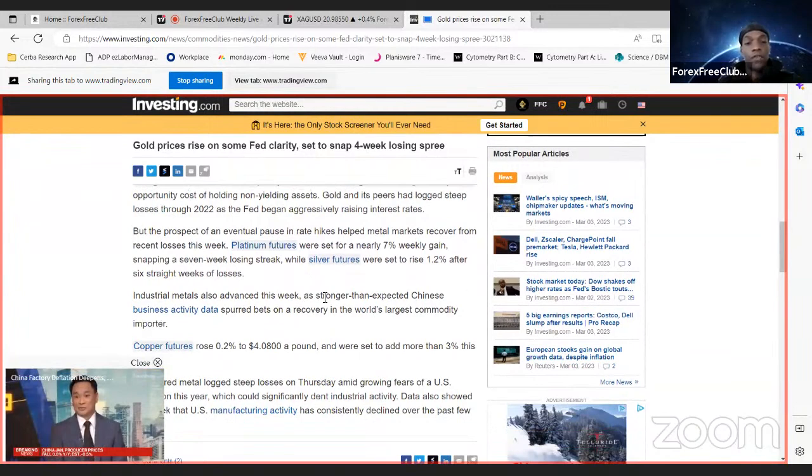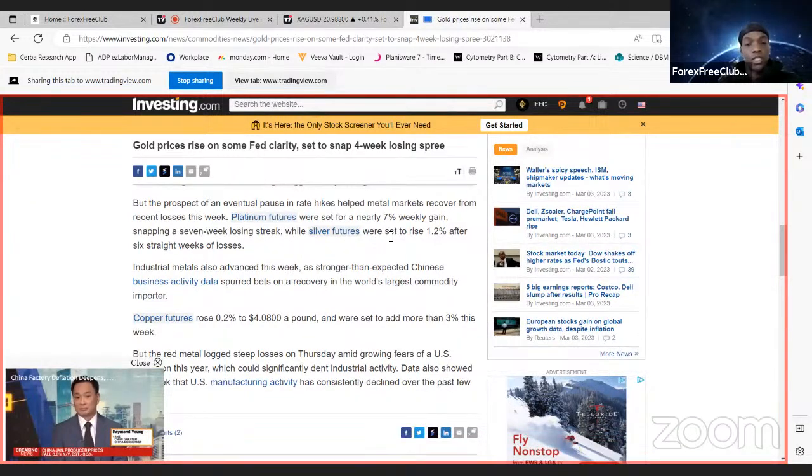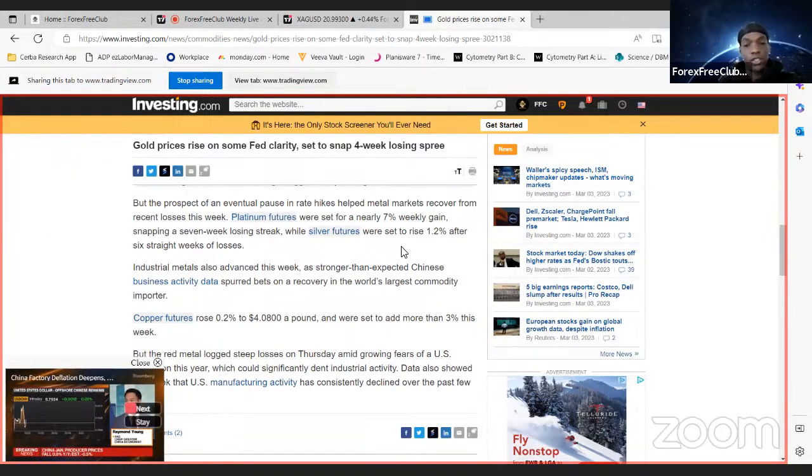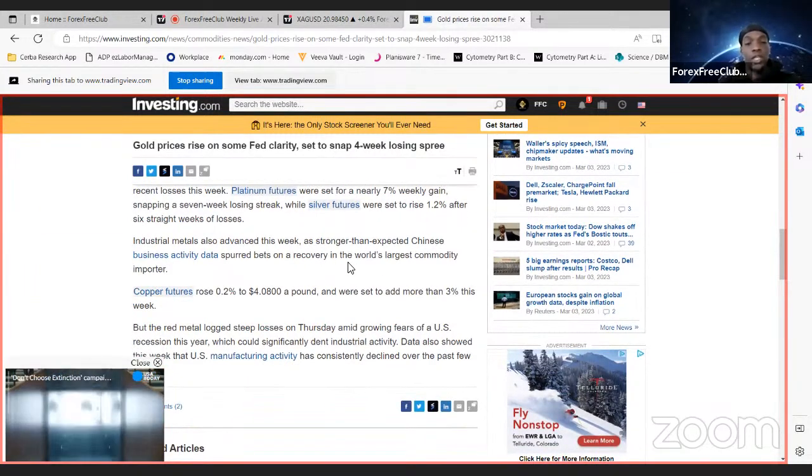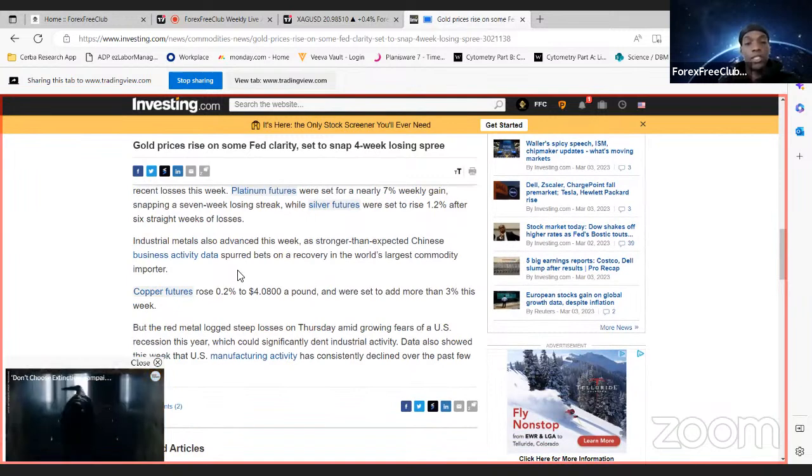But the prospect of an eventual pause in rate hikes helped metal markets recover from recent losses this week. Platinum futures were set for a nearly 7% weekly gain, snapping a 7-week losing streak, while silver futures were set to rise 1.2% after 6 straight weeks of losses. Industrial metals also advanced this week as stronger than expected Chinese business activity data spurred bets on a recovery in the world's largest commodity importer.